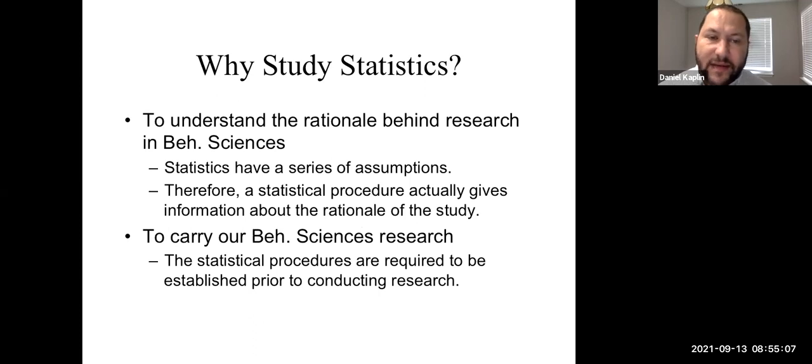Again, as I said, you have to understand the rationale behind behavioral sciences. When I teach experimental psychology, I spend a lot of time getting my students to really think about what their research question is and help them form operational definitions, which is a specific statement as to how something is either going to be measured or manipulated.